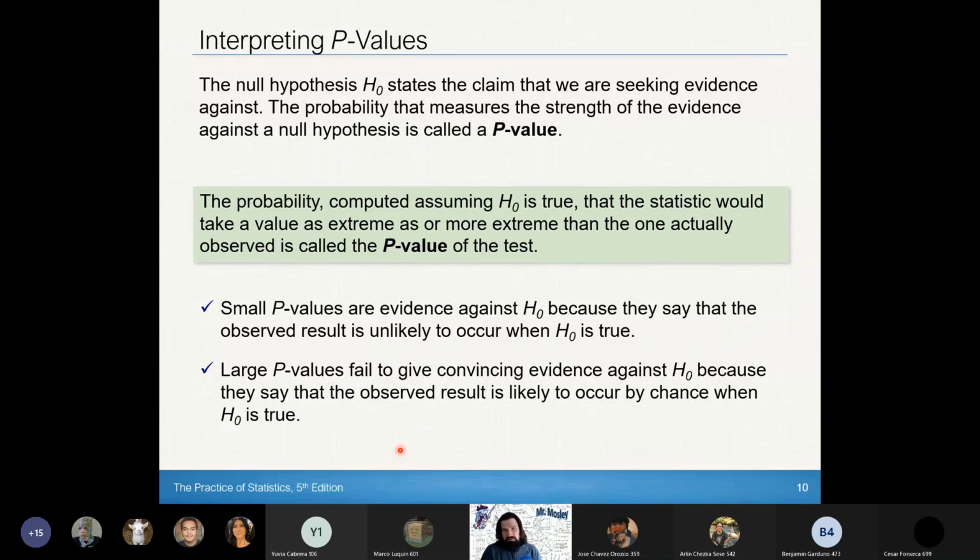It's saying, well, if the null hypothesis is true, this is still something that could happen. It's not unreasonable. Small p-values are evidence against the null hypothesis, because it's saying, well, if this thing is true, the outcome we saw probably shouldn't have happened. It's very unlikely to happen just by chance. So it's evidence against that hypothesis.